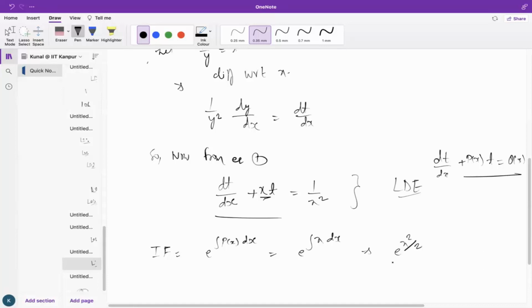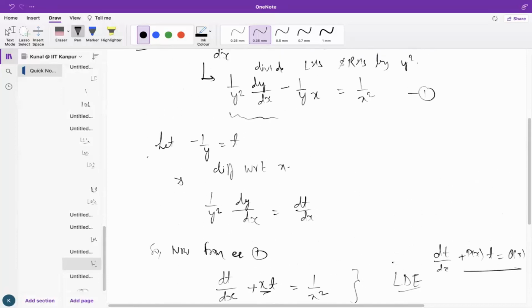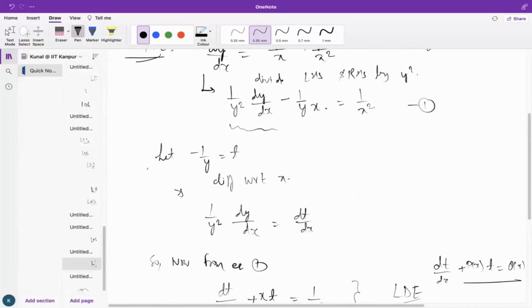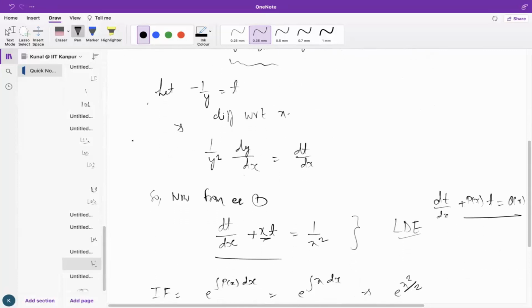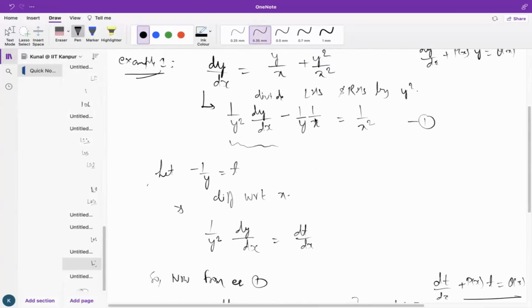I did some mistake here. There will be 1 by x and I took it as x. Sorry for the error, because there is 1 by x. Look here, this is actually 1 by x. As I converted 1 by y to t, I thought there would be x in the numerator.